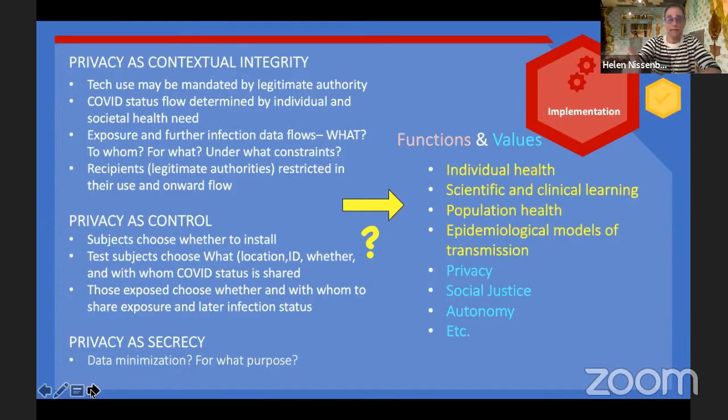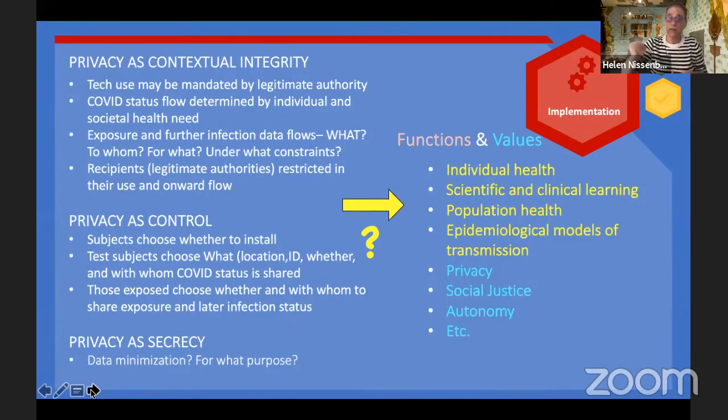And I think, again, this question, like GPS, who the person is and so forth, to whom, for what, and under what constraints. And then who receives the information? Is it legitimate authorities?